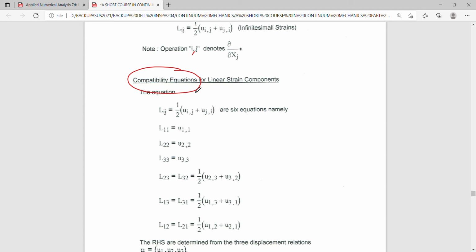No? In simple terms, if you apply a tension stress on a member, you don't expect the member to contract or to compress. No? So it must be compatible.